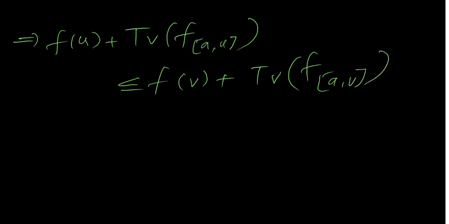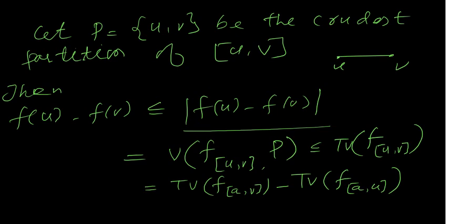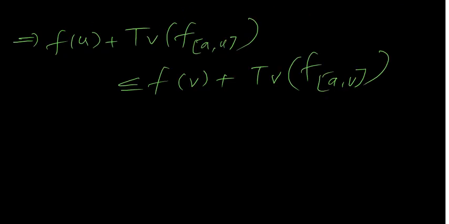Let me go back again. For f of u, I have transferred this TV f a u to this side, so it will be f of u plus this, and I have transferred f of v to this side, so it will be f of v plus TV f a v. So this is fine, but this is your H of u.